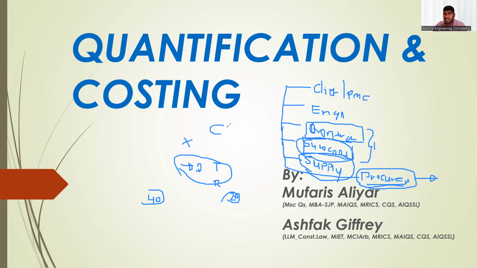We call it CVR. This CVR is fully operated by the quantity surveyors who are handling the project under the contractors. The contractor's QS working in a project deals with this cost value reconciliation.